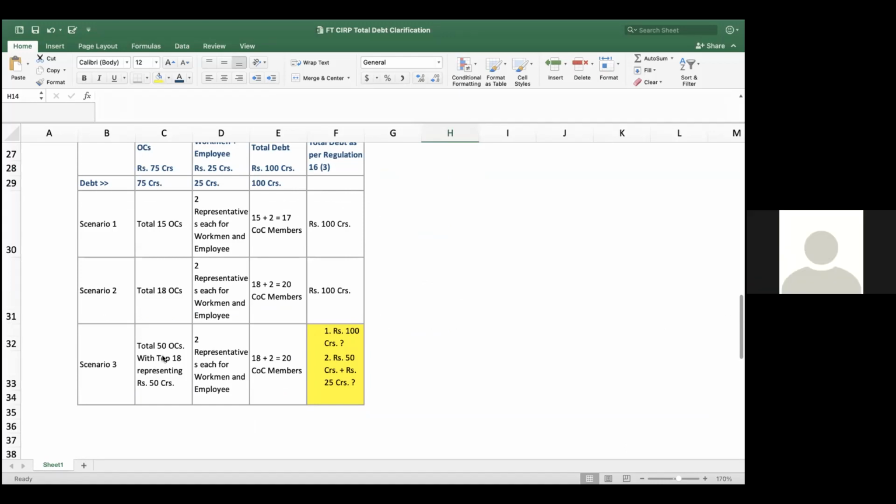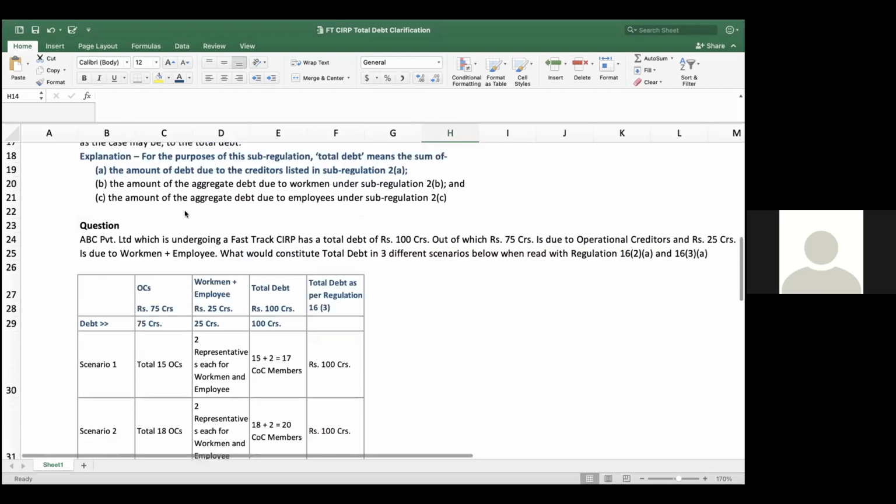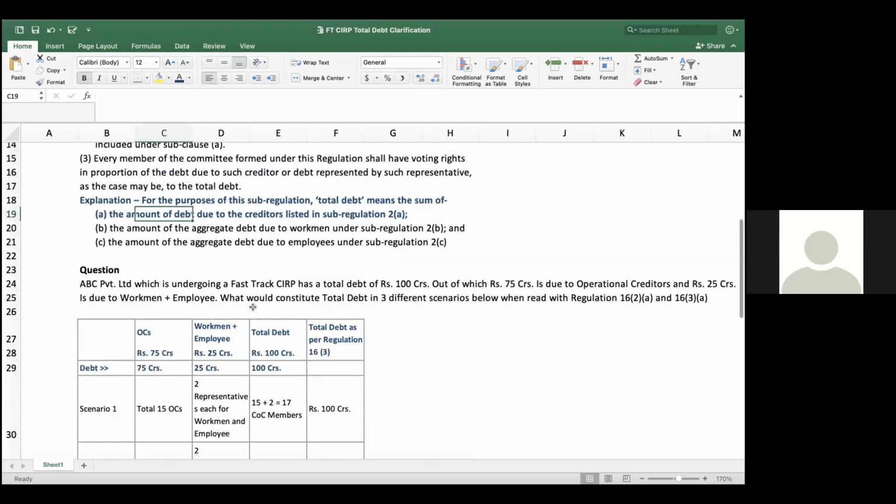Yes, it's clear, sir. The total debt is defined under sub-clause 3. Yeah, that is 16.3a. Here it means 75 only. So which means they will actually exclude the other operational creditors.